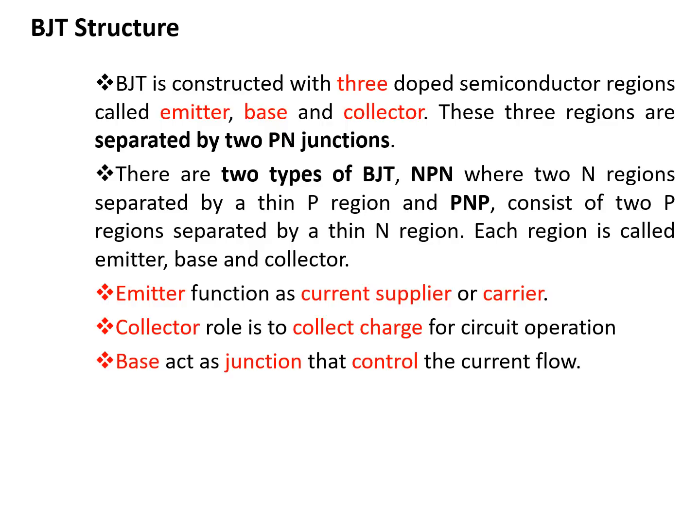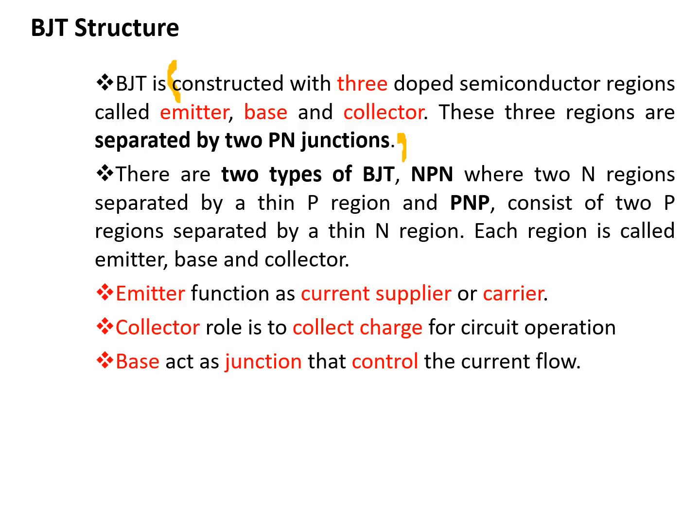The terminals are indicated by the capital letters E for emitter, B for base, and C for collector. These three regions are separated by two PN junctions. So these are the definitions of the construction of BJT.